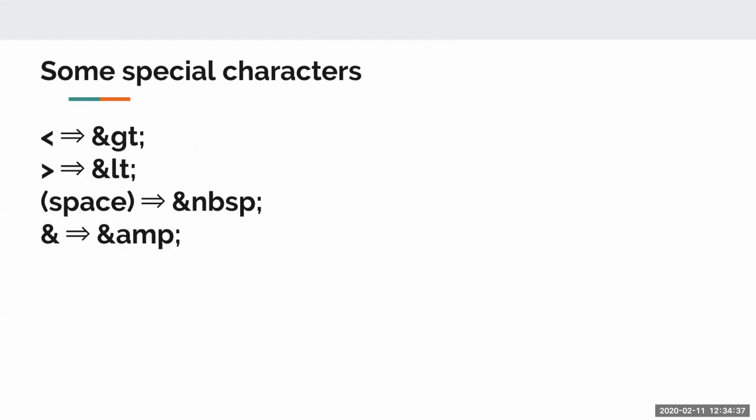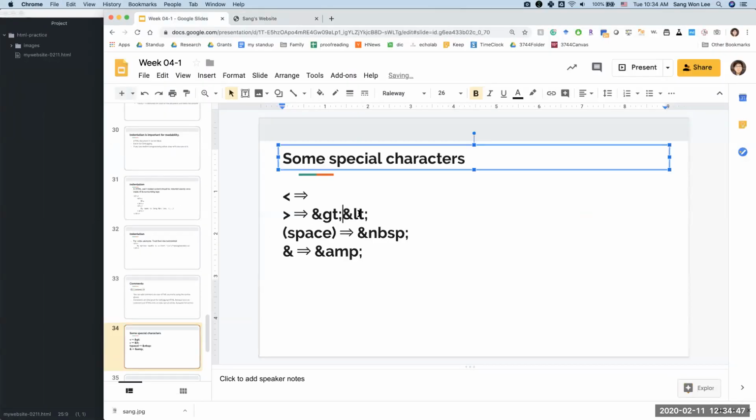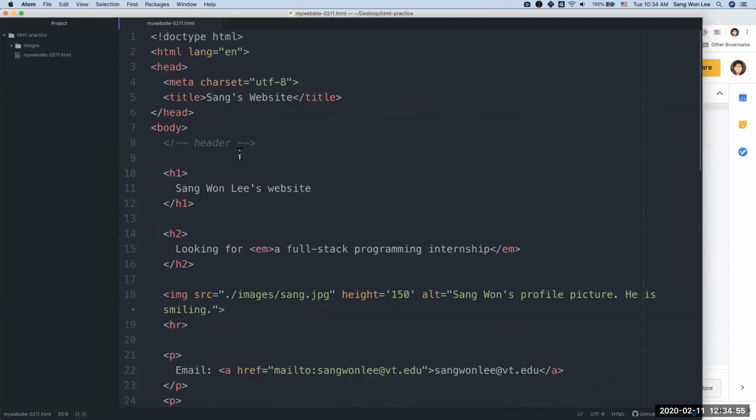We have looked at these special characters like the greater than sign and less than sign. Is it true? It's actually the other way around. And then space is this particular thing. Remember in the beginning, I wanted to have a lot of space in between.